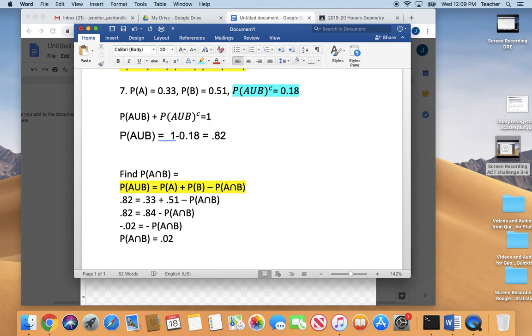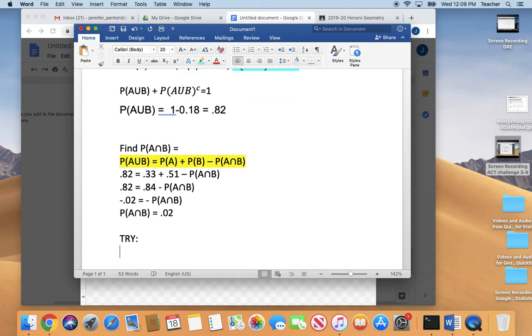So I'm going to give you a problem to try here, and I'll give you the solution so that you can work out the problem and see if you understand.